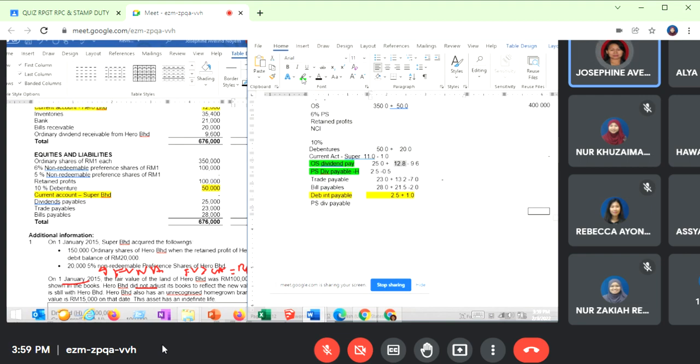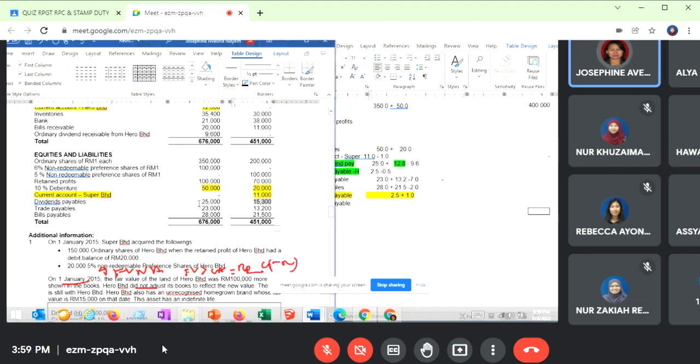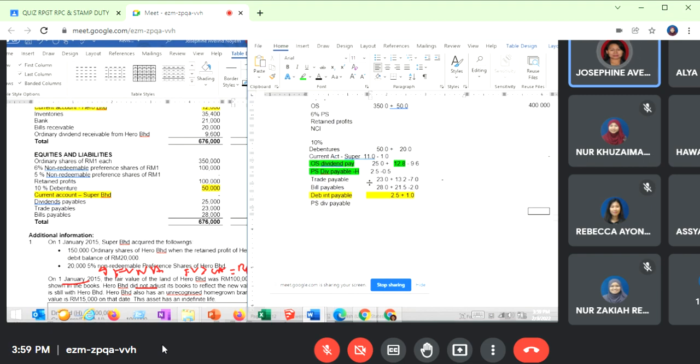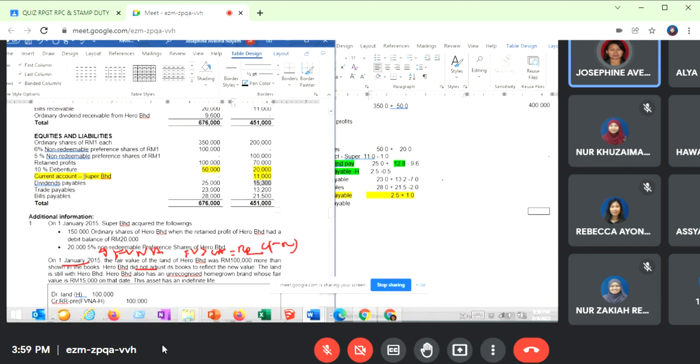You can see initially the figure here is 15,300. But we have to take out the amount for preference dividend. How much is for the preference dividend? The preference dividend here is 100,000 and this is 5%.